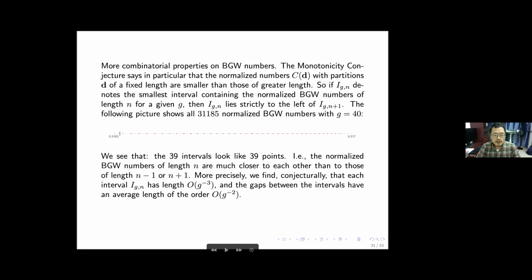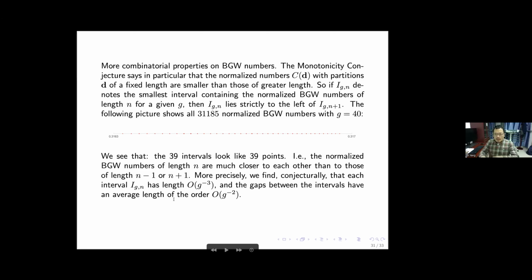Of course, because of the monotonicity conjecture, the intervals don't intersect each other, but because they have the same length they are much more close to each other. So the 39 intervals of all these numbers look like 39 points. The red are the intervals, but they look like a point.